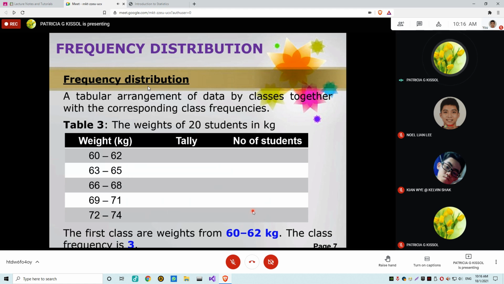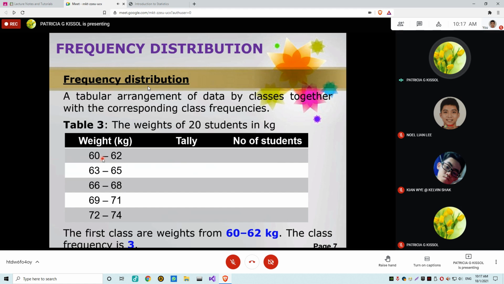So we go on to the frequency distribution. This is the process where we're going to organize the data now. And remember, we have the data, the weights of 20 students in kilograms, and we're going to tabulate it into a frequency distribution. So the definition of frequency distribution is a tabular arrangement of data by classes, together with the corresponding class frequency.